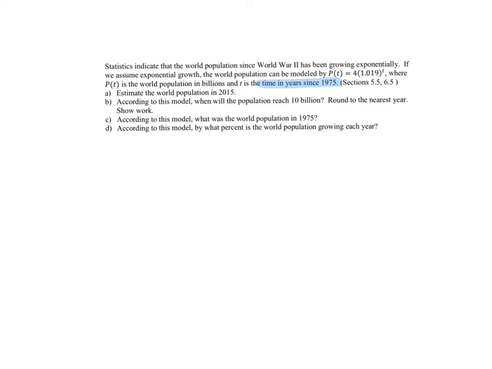So the first thing that we need to do is figure out what is 2015 in terms of 1975. For A, start off by subtracting. 2015 is 40 years after 1975.